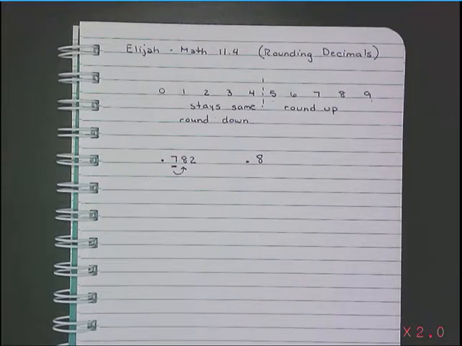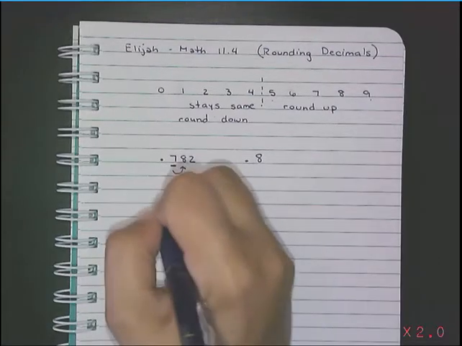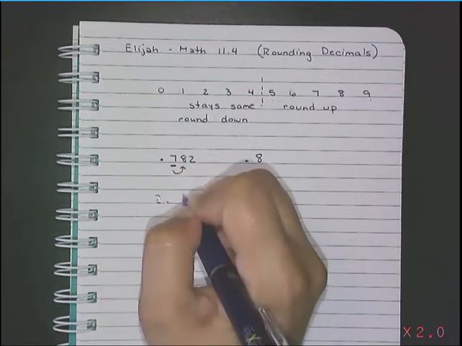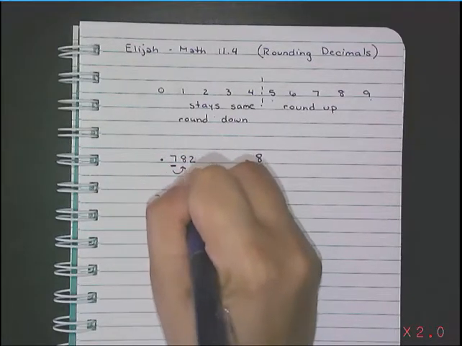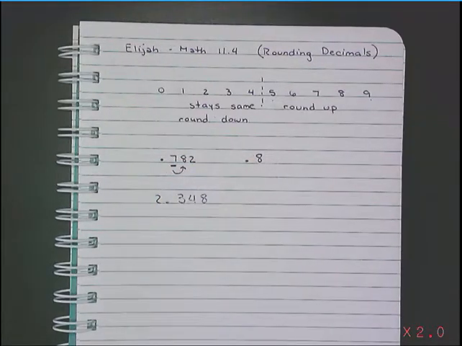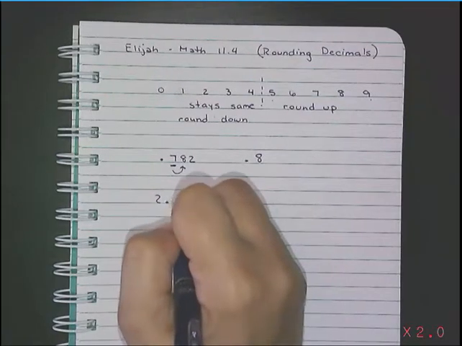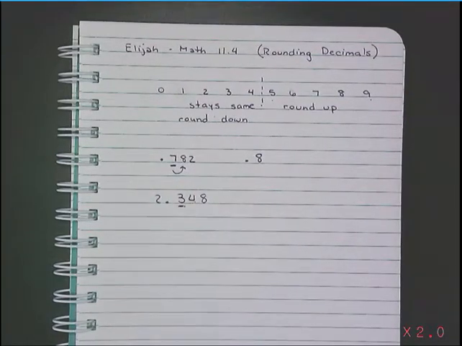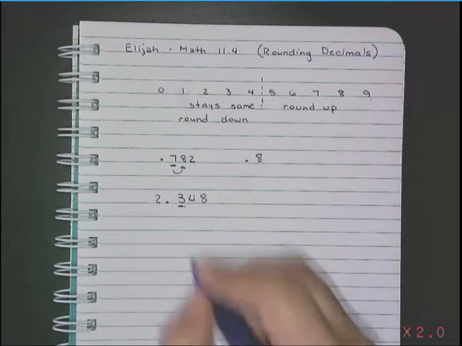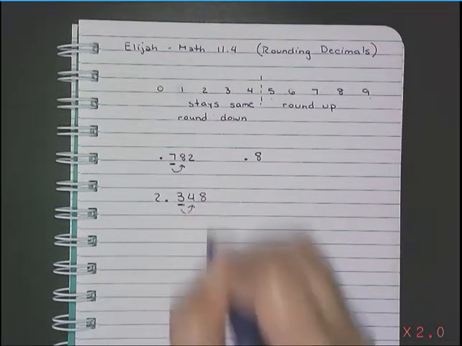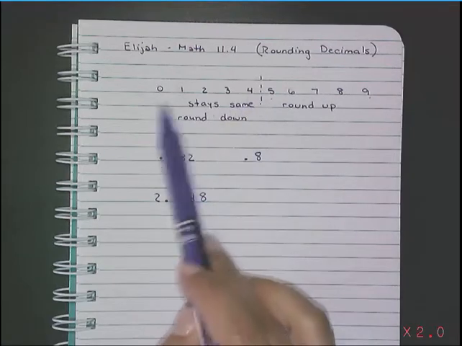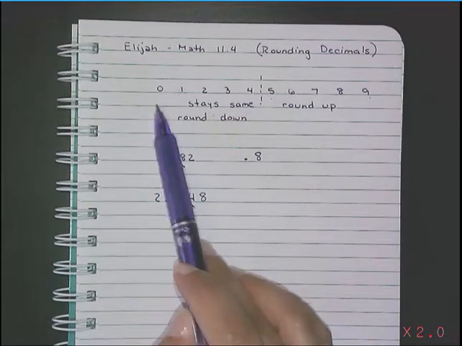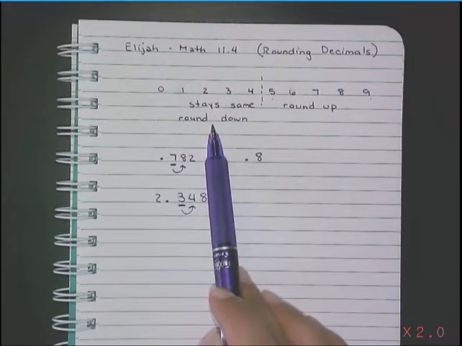So let's take a look at, what if we have 2.348? Okay? And again, let's take a look at that tenths place. Let's round to the nearest tenth. Same thing, we're going to look to the number to the right, which is a 4. 4 falls on the lower end of this scale, so we are going to round down.